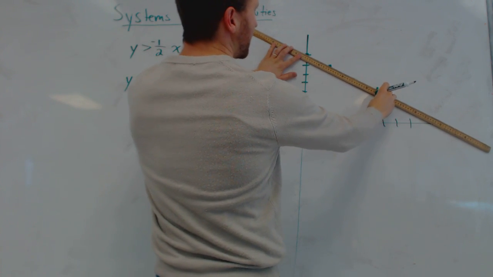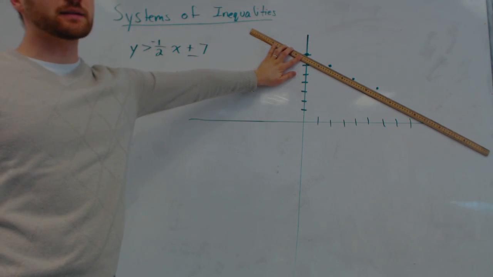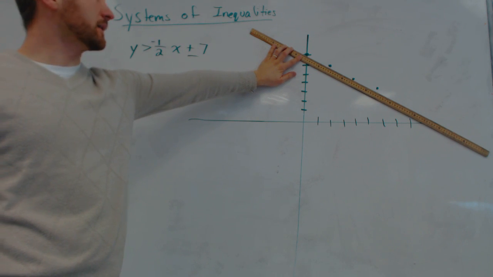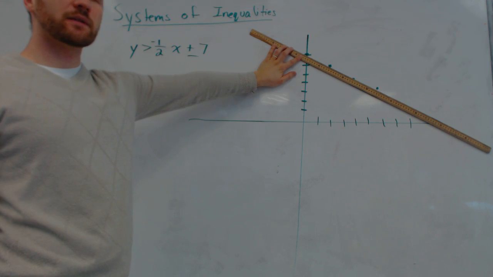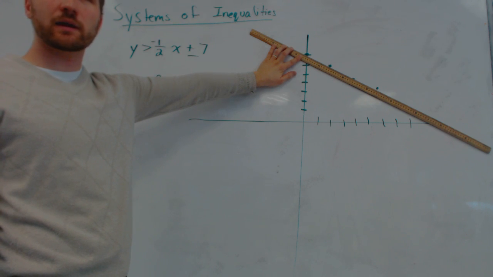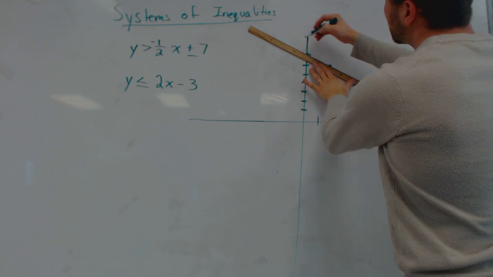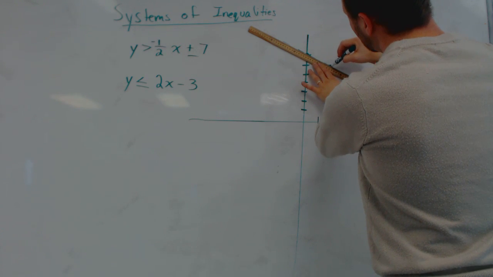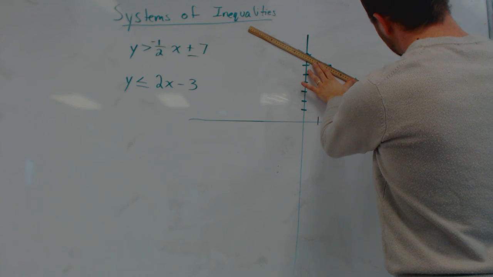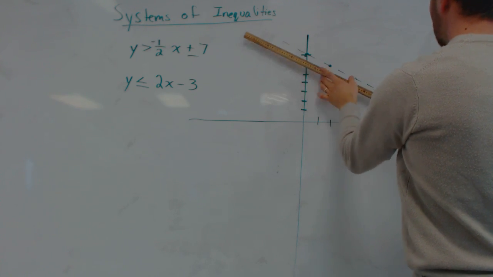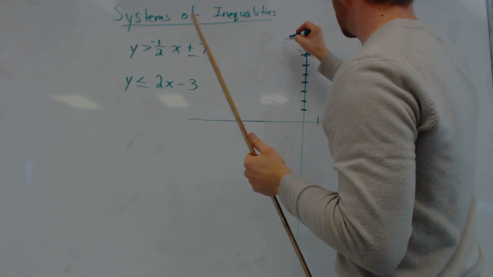But as I'm making this line, I'm thinking, oh, wait a second, it doesn't say equals, does it? It says greater than. So this is the first time I have to think about an inequality, and I realize that this line should be dashed. A dashed line.